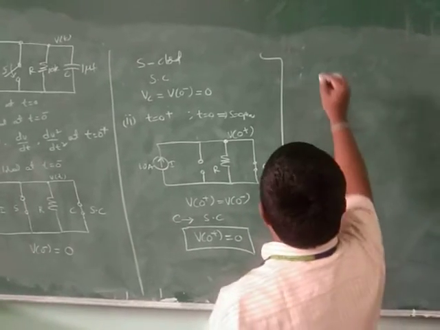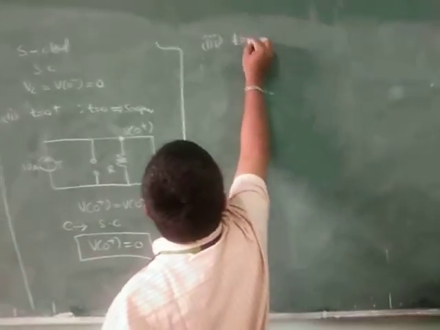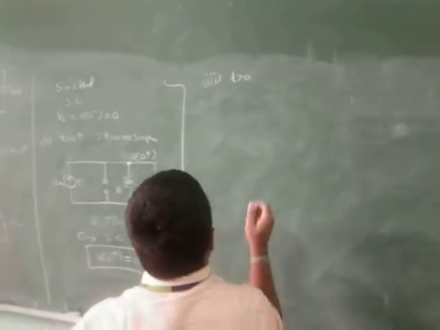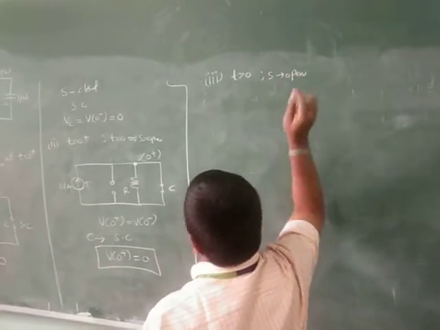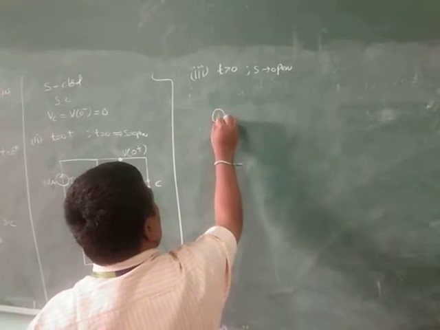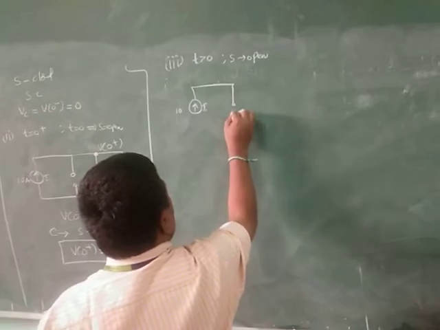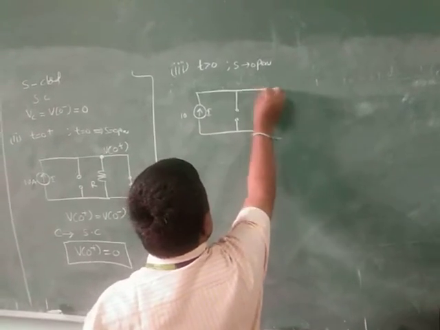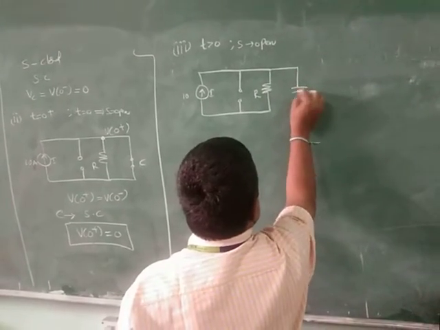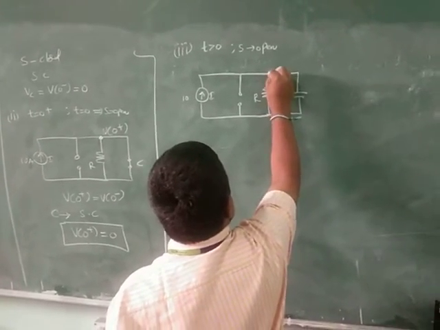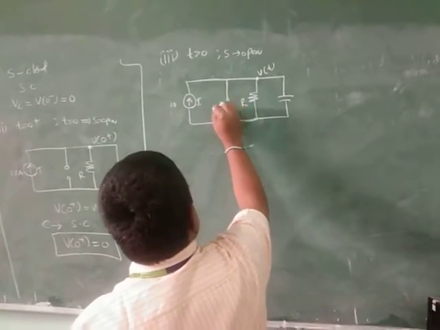And coming to the third case, t greater than 0. For t greater than 0, the switch is open. Now the equivalent circuit is: switch is open, here it is the resistor R, here it is the capacitor C, here it is the voltage, S is open.